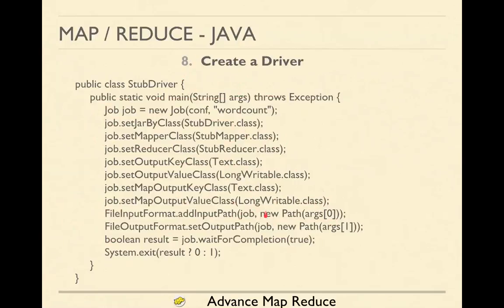We pass the first file as the input and the second as the output. So that's the answer for Arslan. And this is the line where we are actually scheduling the job for execution.